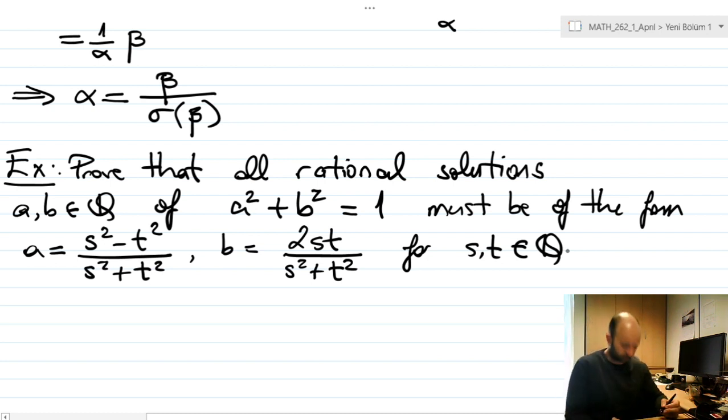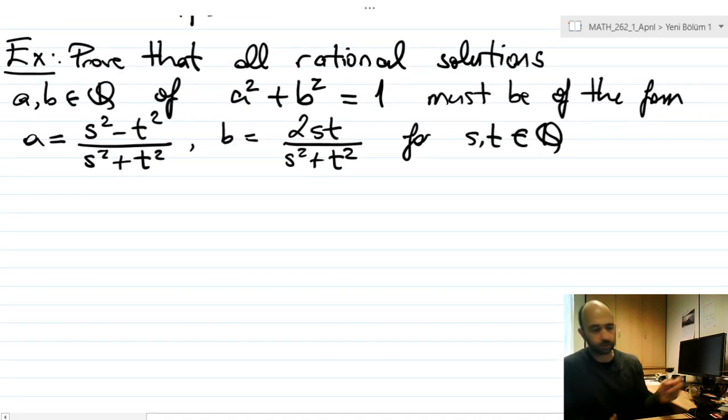Okay, this is kind of a classical thing, and there are maybe tens of ways of seeing that. I mean, some geometric, some more number theoretic, and so forth. But here, let's use Hilbert's theorem 90. And if you use that, it is very, very short.